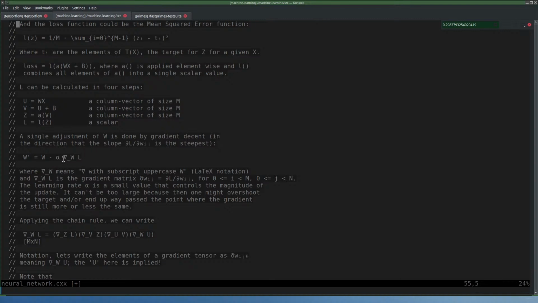the partial is a matrix, with the same shape as W, which exists of elements that are actually just a partial derivative of the loss function with respect to each of the elements of the weight matrix. So you can write it like this, or you can write it like that.